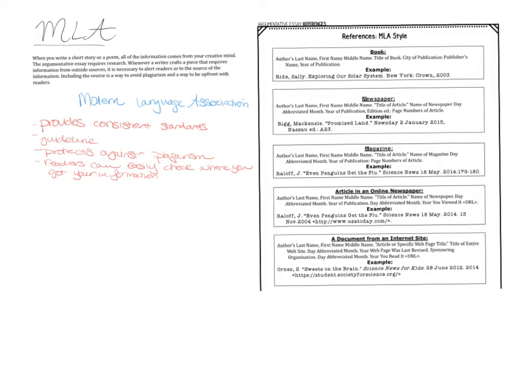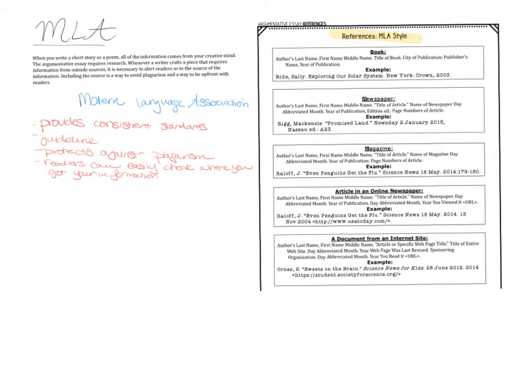So when we look at MLA format, there's many different places we can get research. So we have a book or a newspaper and a magazine, maybe an online article or something from an internet site. So at the top, you can see that it first gives what needs to go in.